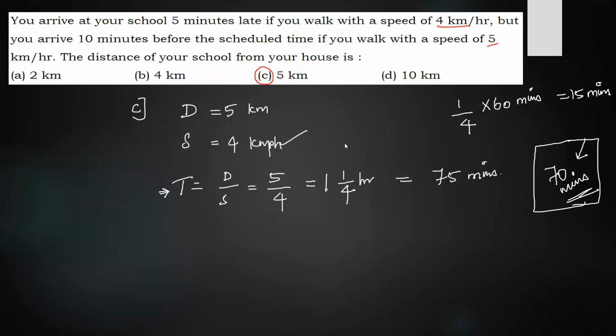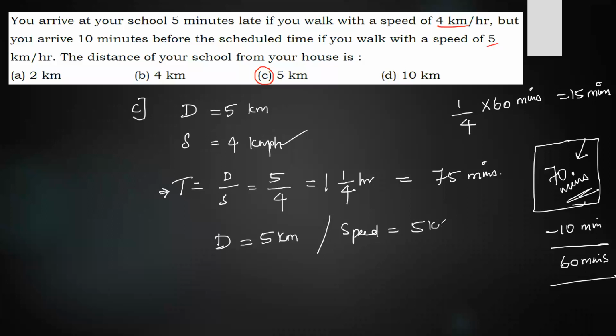In the next line, they say you arrive 10 minutes before if you walk at 5 kilometers per hour, so that should be 60 minutes. If I get 60 minutes in the second case, then my option is right. The distance is the same, again 5 kilometers, and my speed is 5 kilometers per hour. The time equals 5 by 5, which is 1 hour, that is 60 minutes. Yes, I'm getting it.